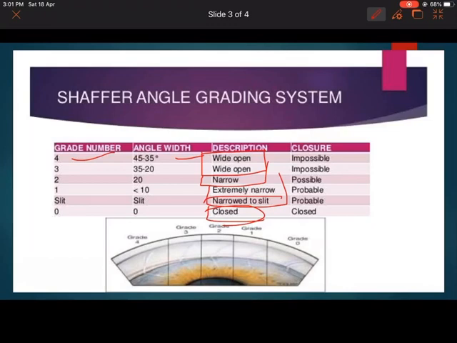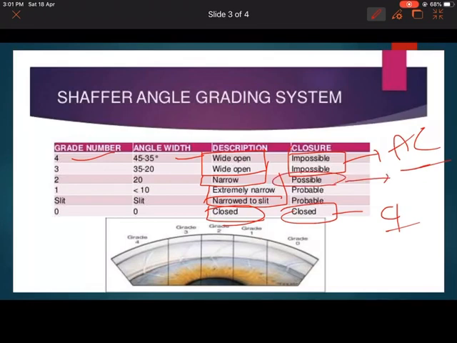Now closure: in the first two it is impossible to close, the angle cannot be closed. In grade 0 it is already closed, the angle is fully closed. Then in grade 2 it is possible to get closed, and grade 1 and slit are probably closed. Okay, that is about Schaeffer's grading.